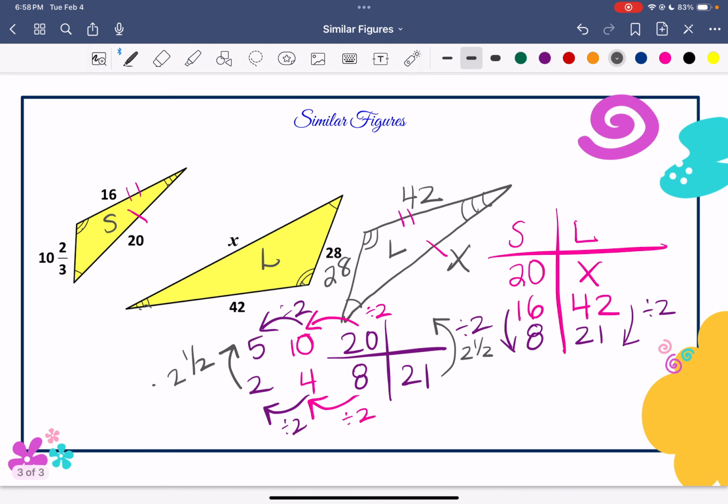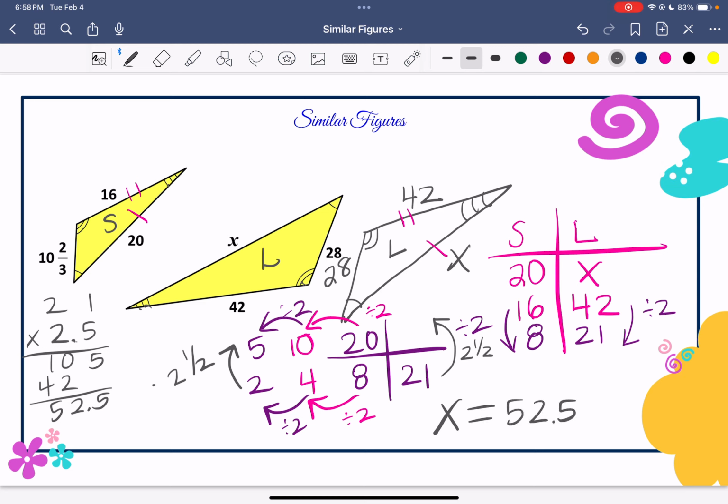I'm going to use the left side of the screen. 2.5 times 21. So I found out that after I scaled 21 by 2.5, my unknown x is 52.5.